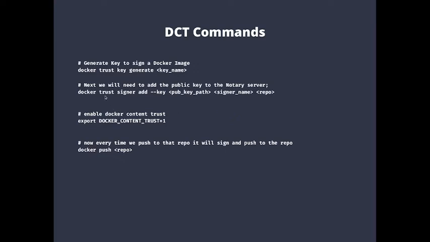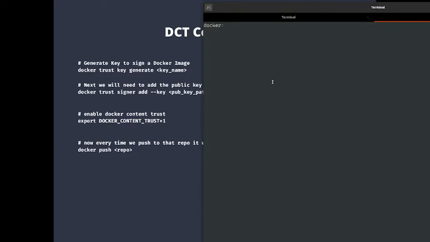So when we run this command, we pass our public key, we call it any signer name, and we pass the repo. The repo URL or whatever we pass here will decide where the notary server is. By default, if we don't specify anything, it will take Docker Hub, right? So let me take that and show you.